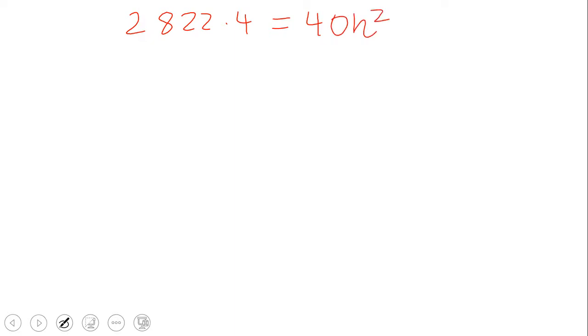What we're going to do is flip the equation or switch the equation, because we know that 2,822.4 equals 48 squared. So if they're equal, then 48 squared equals this. So if this equals that, then that equals this.